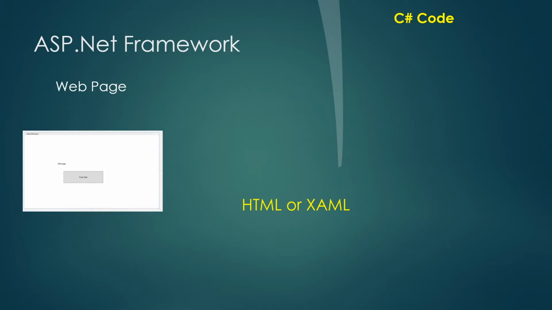One of the things that we want to look at with ASP.NET is the web page. And notice here we've got the web page. That is what our client or our user sees, the web page itself. If you remember correctly, we put a small label on there and a button, and this is actually a screenshot of that little web page when it was built and running. What this comes from is HTML, or in our case, because it's ASP.NET, from XAML, okay?